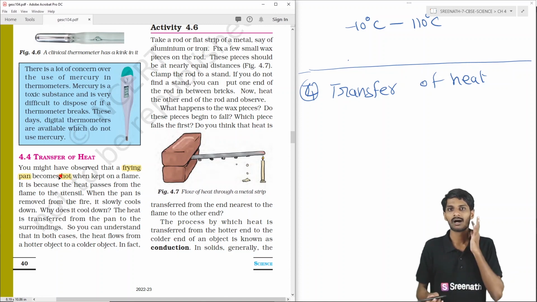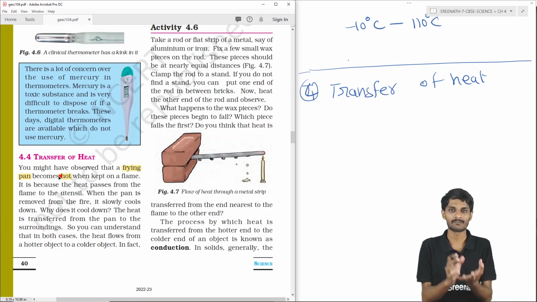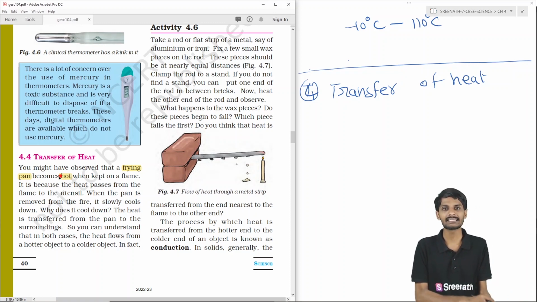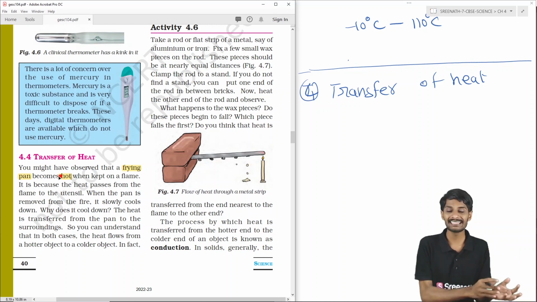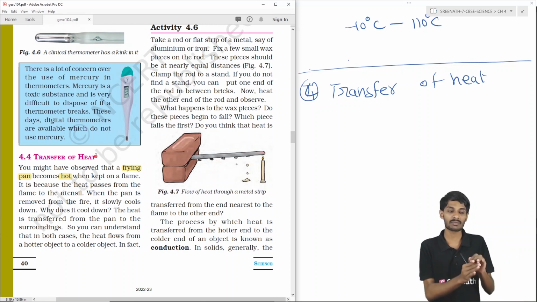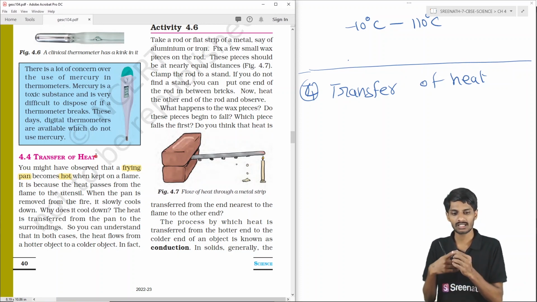Before it is not hot, but afterwards we have placed it on heat, fire. So that heat is transferred to the frying pan. So heat is transferred from the fire to the frying pan. That's why it is very hot.